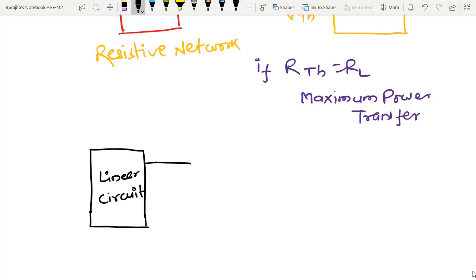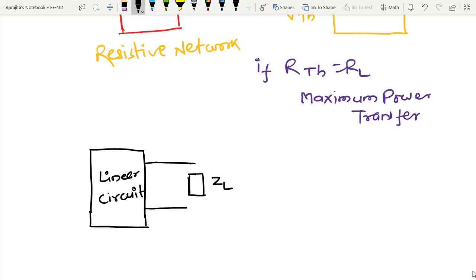So again I draw one linear circuit, and now my load is more general. In the first part our load is resistive.